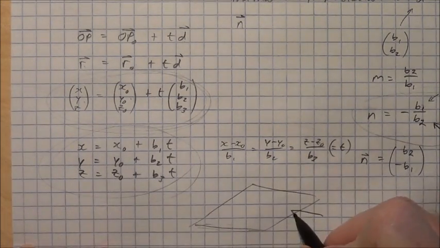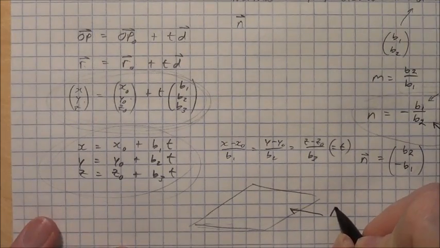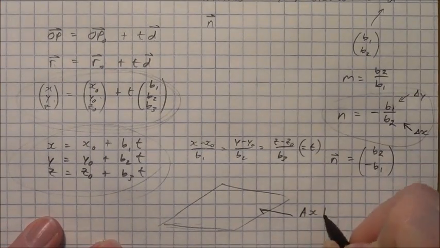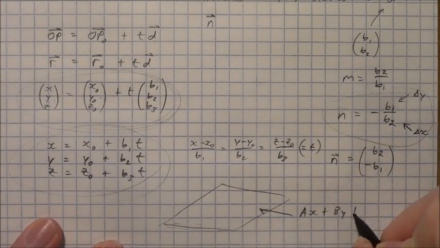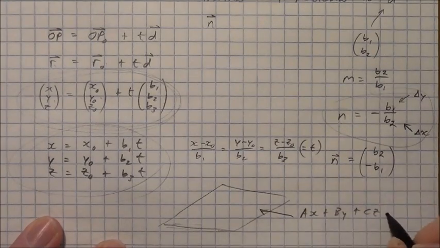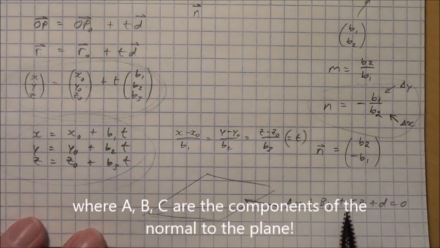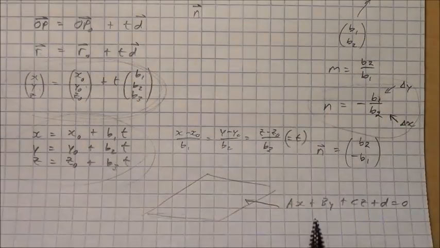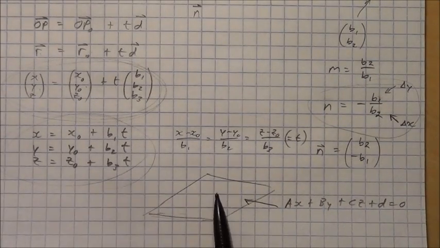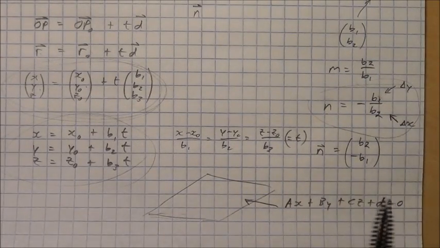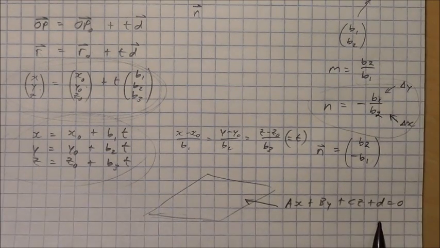So this could have the Cartesian plane equation ax plus by plus cz plus d equals 0. That would be the Cartesian equation of a plane in space, but this is beyond the scope of our course. So we won't be studying that this year.